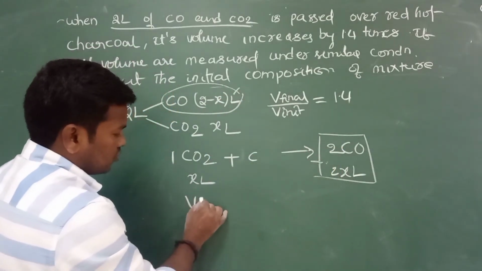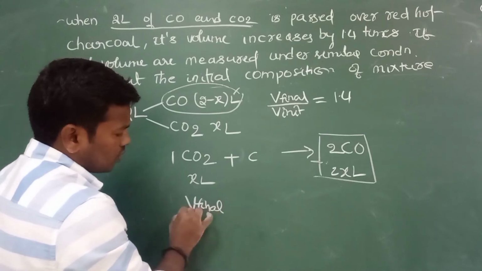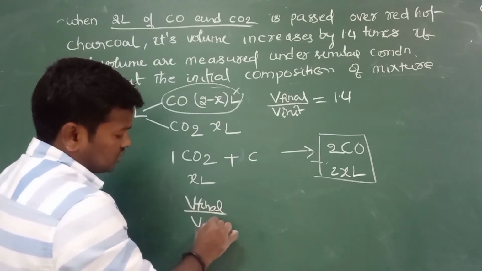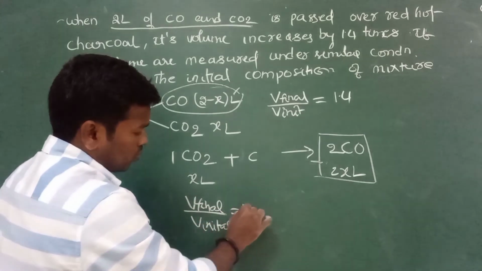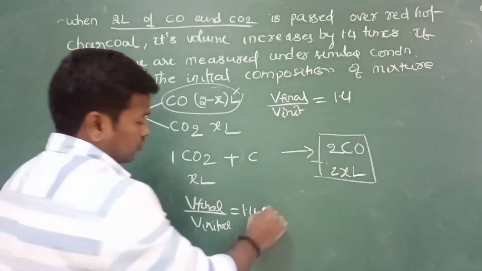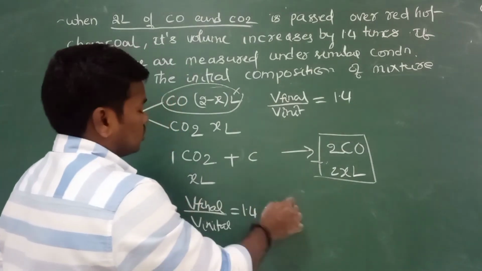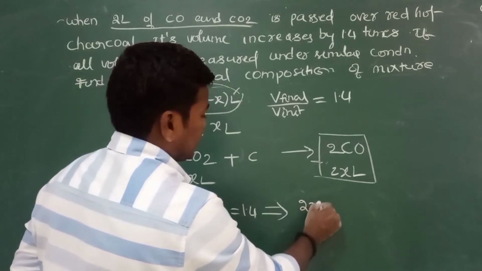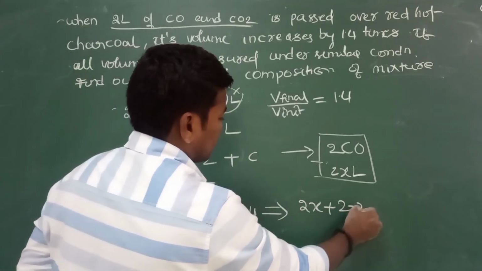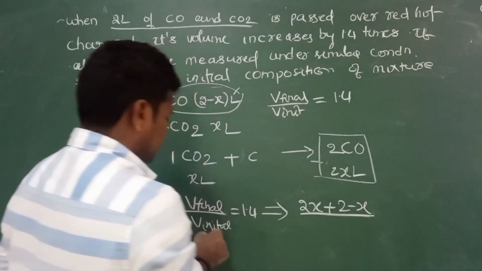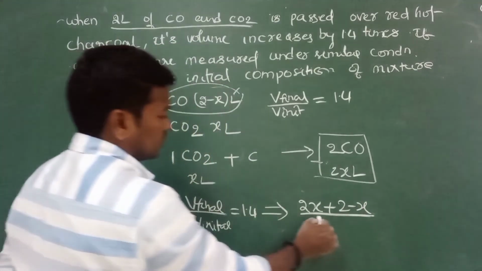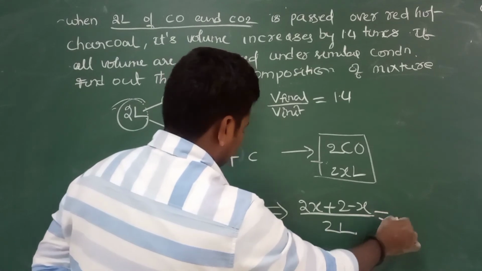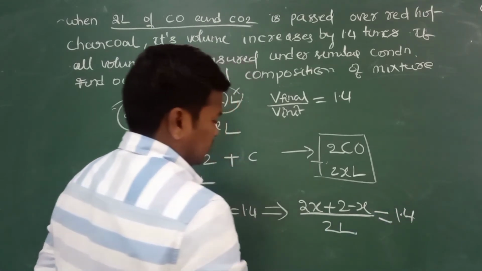So V final upon V initial is equal to 1.4 times. That is (2x + 2 - x) upon the initial volume of 2 liters, which is increased 1.4 times.